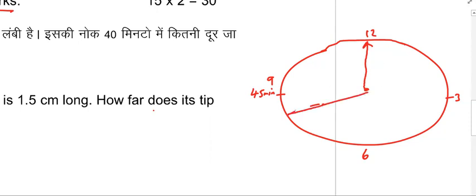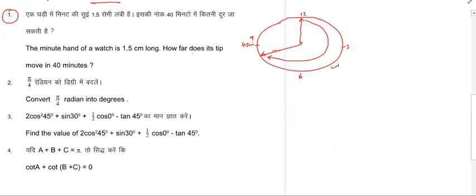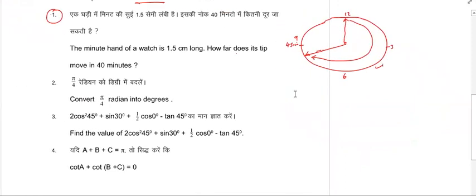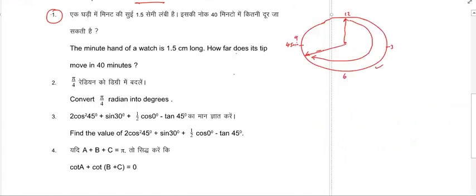So we want to know how far this moved, the distance it moved. So we're actually calculating the arc length. So if you have to calculate the arc length, use the same formula as previously. So you say S is equal to R theta.